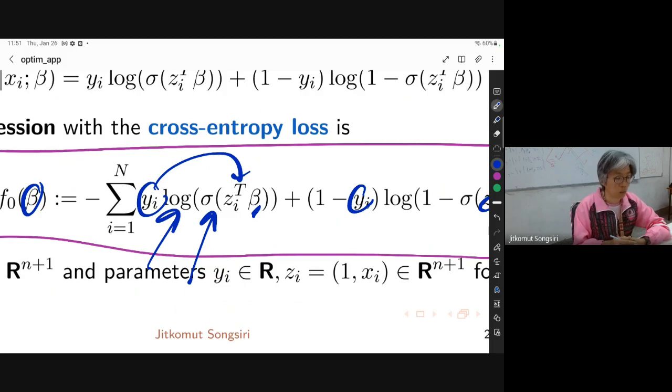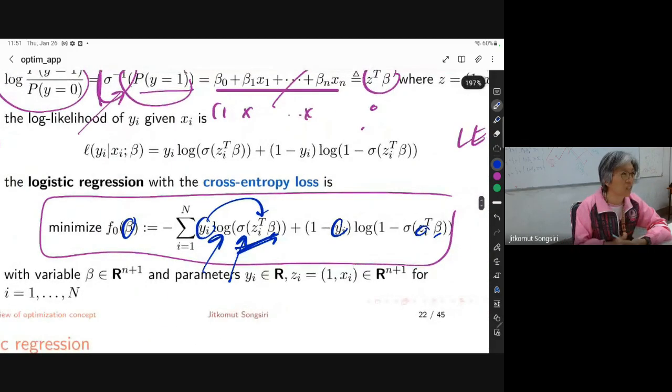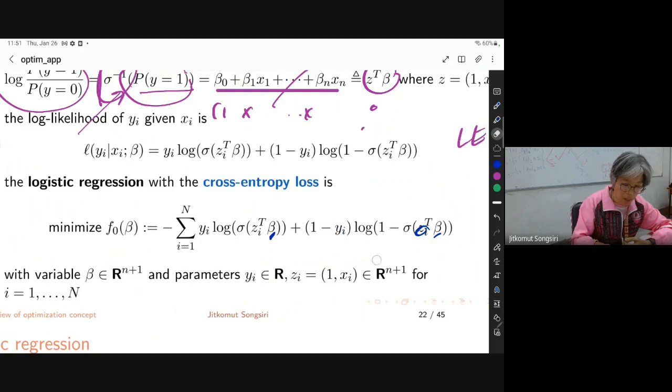No, right? So this is fine. So this is unconstrained. Is it convex? Now this is the part where I want you to recognize: did you see y log something? This part, log something, looks similar.